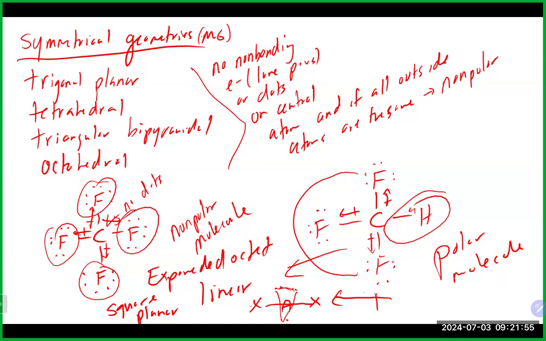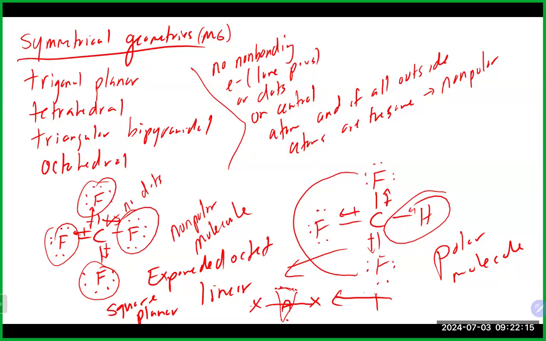What that leaves you is linear, just regular linear, not expanded linear, which is a straight line. And because it's a straight line, if they're going equal and opposite, they will cancel each other out. If they're heading right at each other, the bond dipoles will cancel each other out.